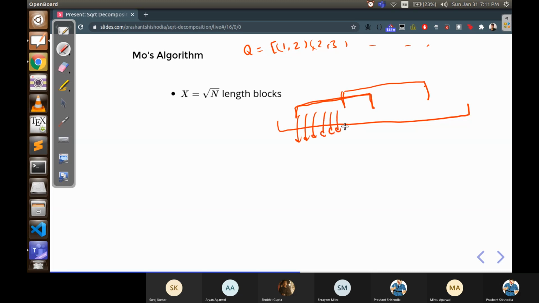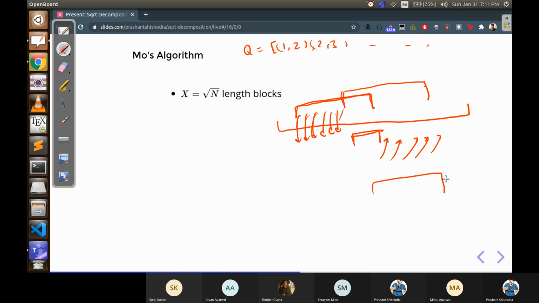If you are asked to calculate the sum, you will remove all these elements from the sum. Now the range I remain with is this, and I have to get this, so I'll add all these elements until I get this. So I can transform one segment to another by adding and deleting elements.